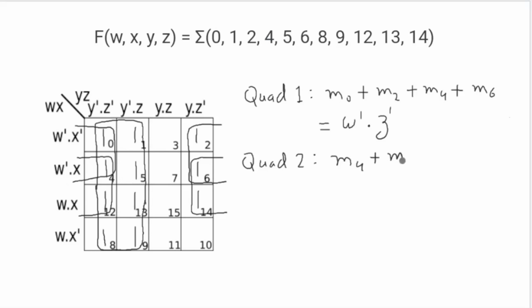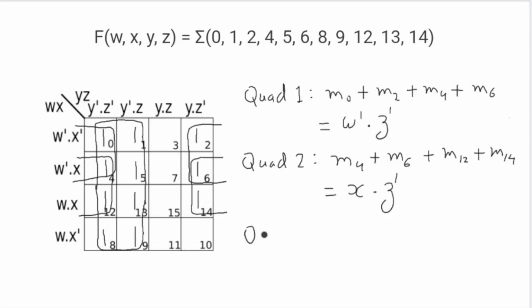M4 plus M6 plus M12 plus M14. And if you look over here, this time W is changing the state, so X will be taken over here. And if we look at the top, again the same thing will happen because the same two columns are involved. Y is changing its state, but Z complement is not changing, so we'll take Z complement over here.